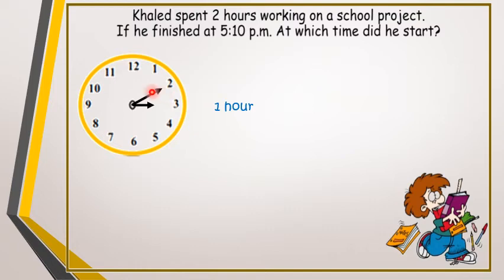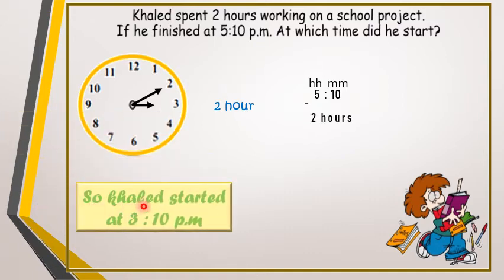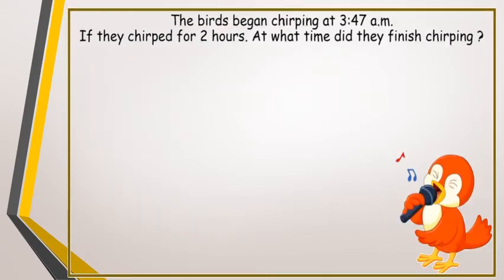So this means the long arm moves a whole circle. So this is 2 hours. This means that he started at 3:10. So if I take away 2 hours from 5:10, it will be 3:10. So Khaled started his work at 3:10 p.m.